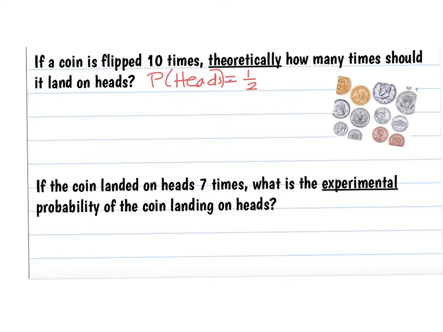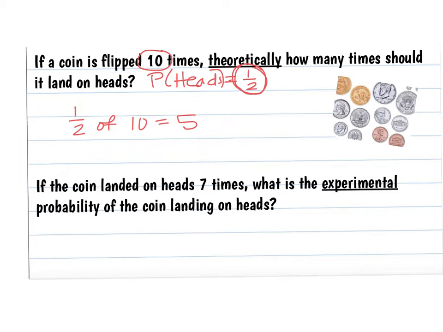So theoretically, that means that 1/2 of the time we should get heads. So if we flip it 10 times, 1/2 of 10 equals 5. So if we flipped a coin 10 times, theoretically, we should get heads 5 times and tails 5 times. Obviously, we know that that's probably not going to happen, but that's just in theory.